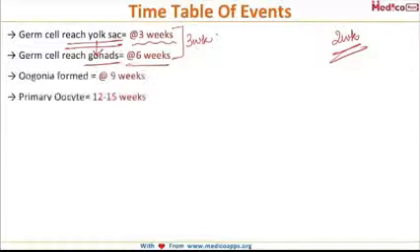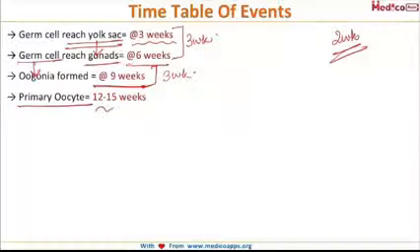These germ cells undergo rapid mitotic division, and these lead to the formation of oogonia. When does this happen? This is at 9 weeks of gestation. Again 3 weeks. A few of these oogonia enter the prophase of the first meiotic division, and they are called primary oocytes. And when does this happen? This is at 12 to 15 weeks of gestation, again a gap of 3 weeks.